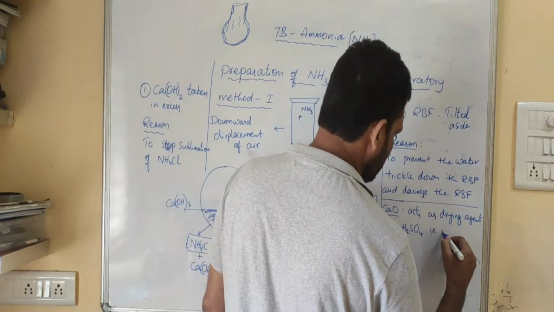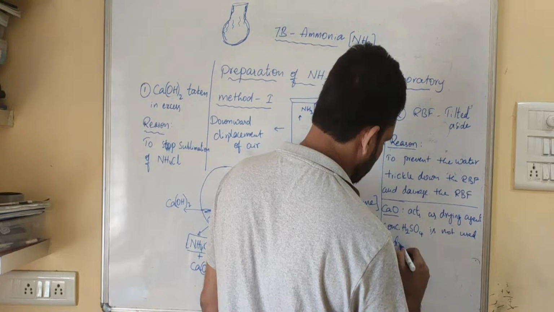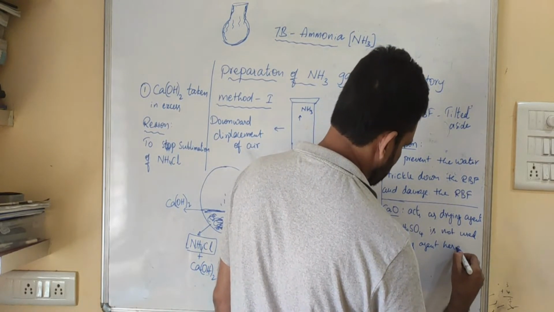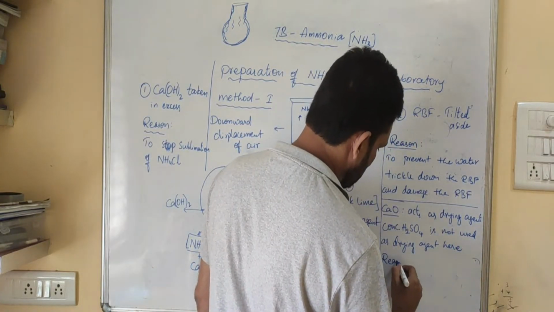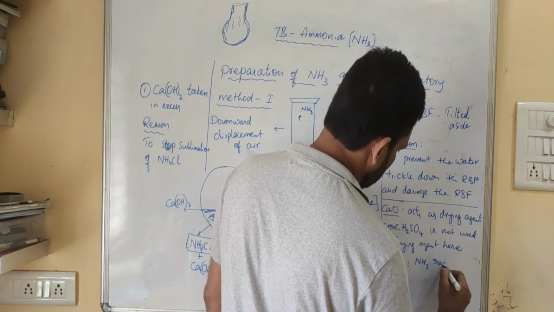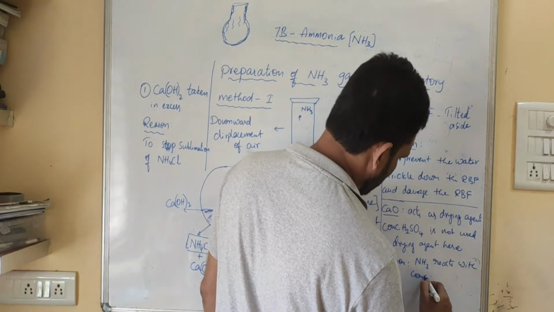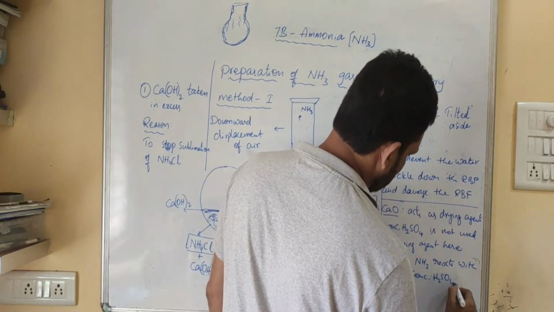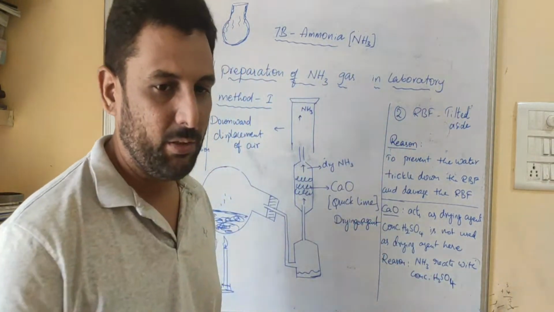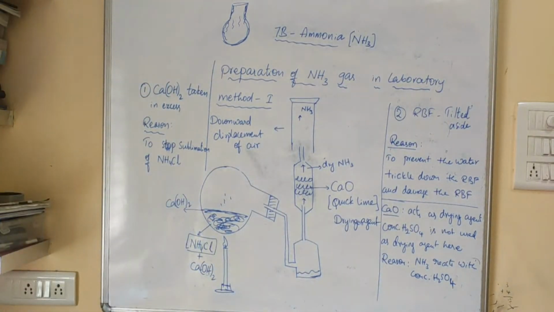Sulfuric acid is not used as a drying agent here in this case. The reason is ammonia reacts with sulfuric acid, which means you will not collect ammonia gas. If it reacts with sulfuric acid, you are losing ammonia gas. So you cannot collect ammonia gas.